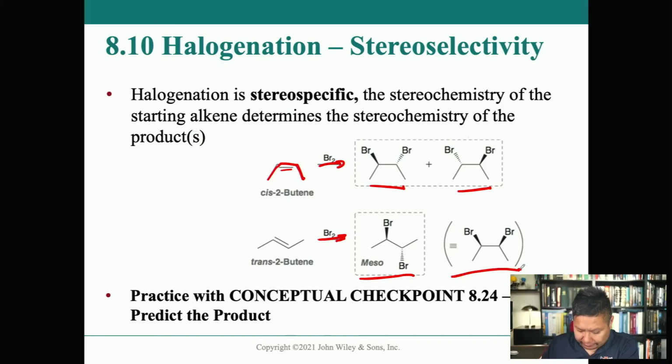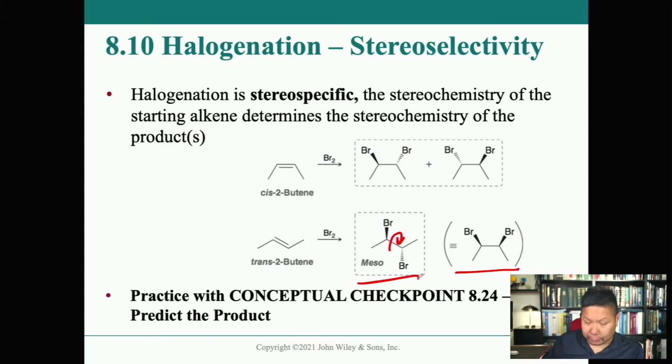So it's a meso compound, because you can rotate this bond, and then the bromine at the bottom that was sticking into the paper will come up again and give you the same molecule again. So it's a meso compound.